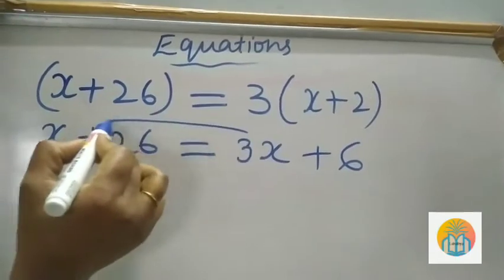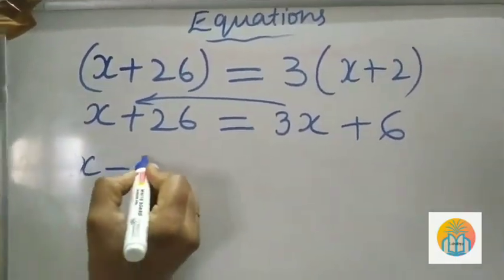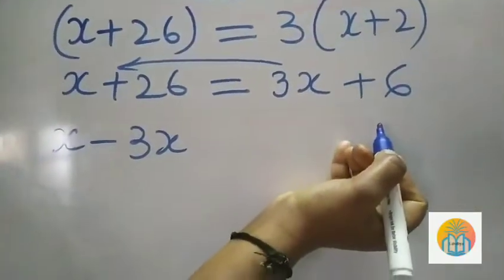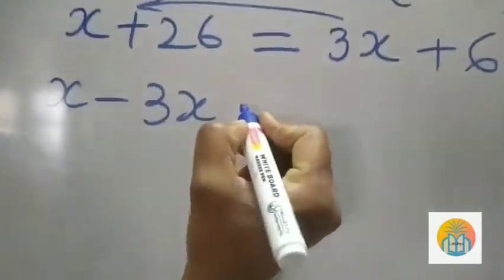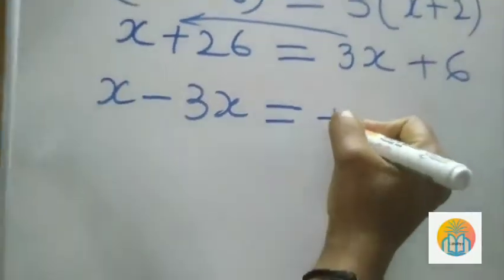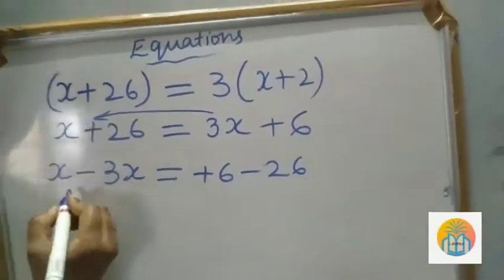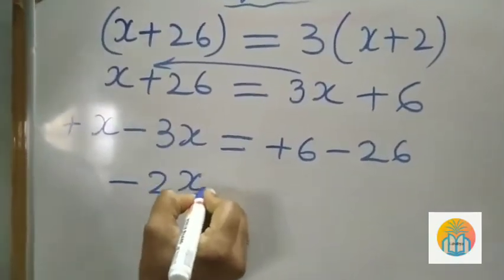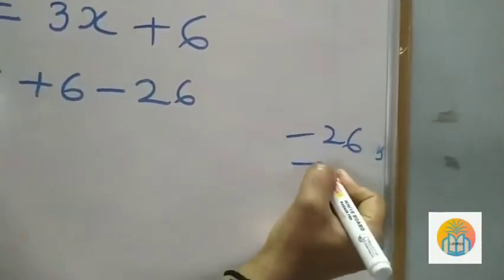Now bring this 3x to the left side. So x minus 3x is equal to plus 6 minus 26. You can also bring the x to the right side, that is also correct; just transposing, you can do it either way. Now one plus and one minus, it becomes minus 2x is equal to minus 26 plus 6.